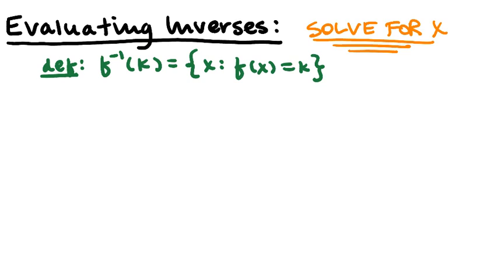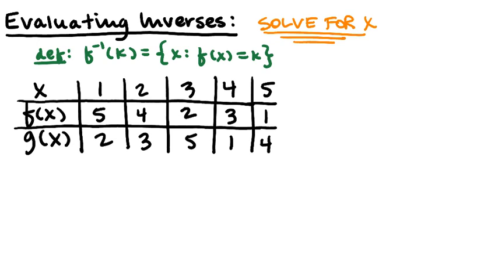I'm going to start with the same table that we were working with earlier, and I'm going to extend it and add one more column, say 6, 2, 3, or something like that. The first thing we're going to ask is find me g inverse of 0.